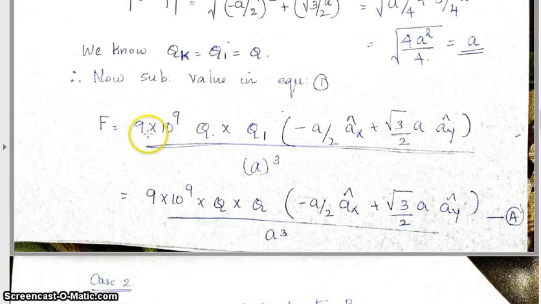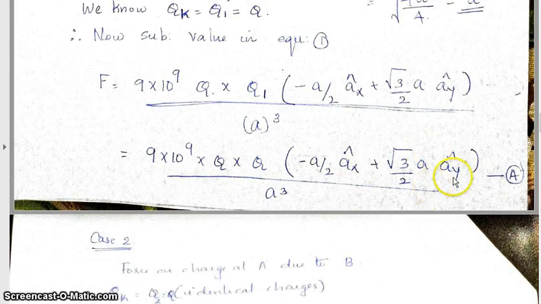That is written here. 9 into 10 raised to 9 Q into Q1 into R minus R1 by the modulus of R minus R1 the whole cube. Now this Q will be the Q at corner A, and this Q1 will be the Q at corner C, and that is also Q, that is written here. So 9 into 10 raised to 9 Q into Q, this much. Okay, then you will get an answer. I haven't simplified it, please simplify it.